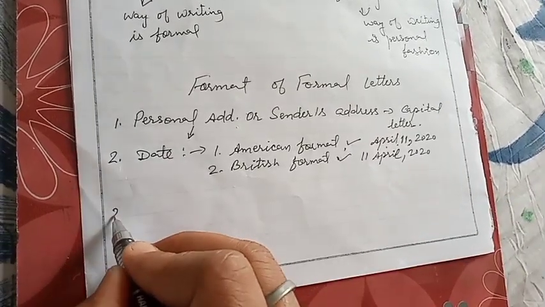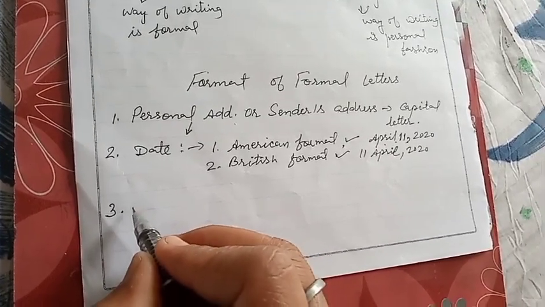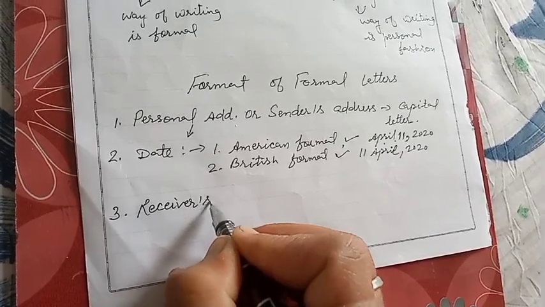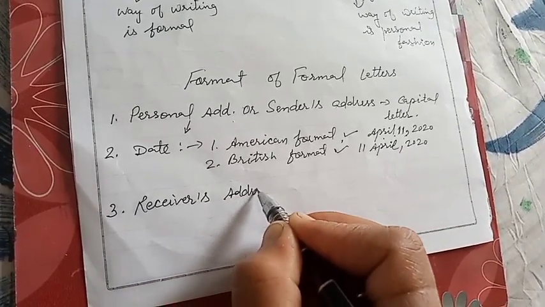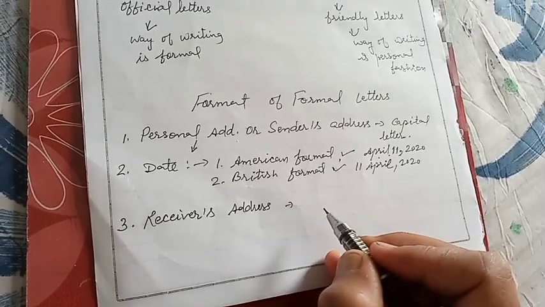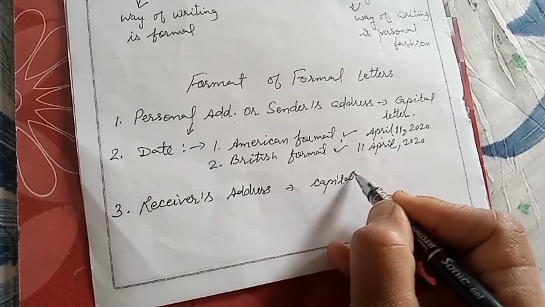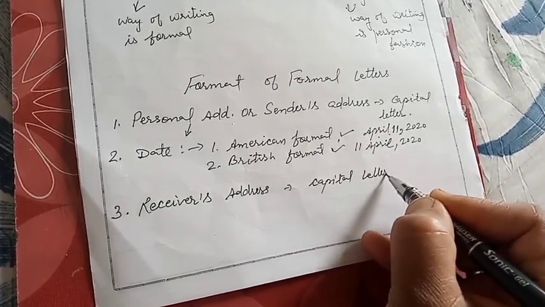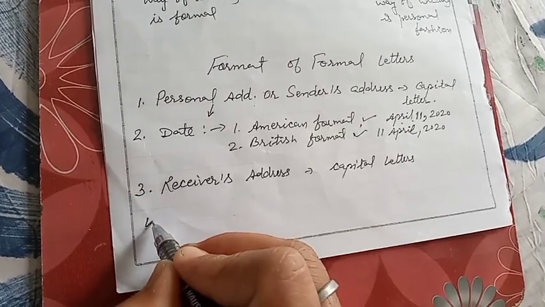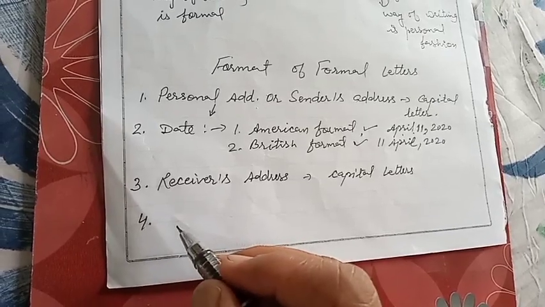Next is the third step. In the third step, we write the receiver's address. In the receiver's address, we also write every first letter capital. Now step 4. According to the CBSE curriculum, this has been changed.